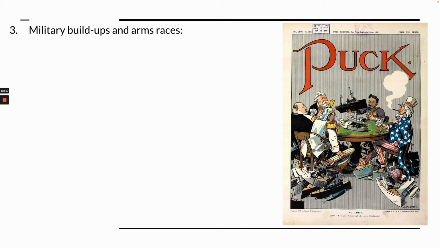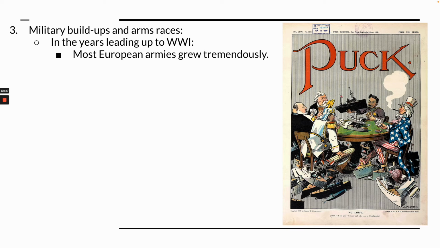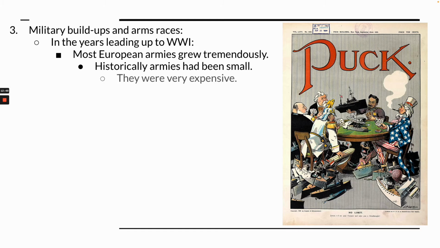Third factor, buildups in arms and arms races. And again, in the years preceding the war, most European armies grew immense and very quickly. This is important because historically, prior to this period, armies had been small. There were some rare exceptions of some temporarily large armies, but they mostly just can't exist. And the reason for this is that armies are incredibly expensive.